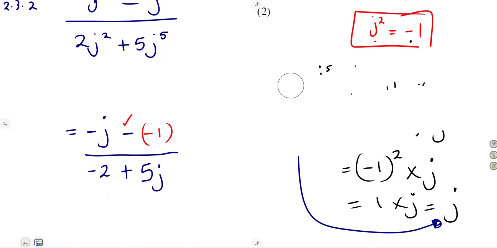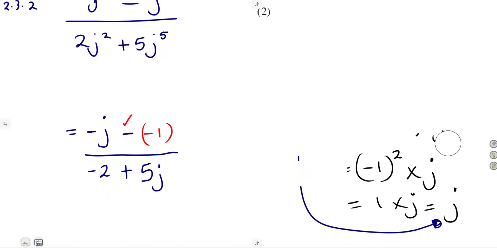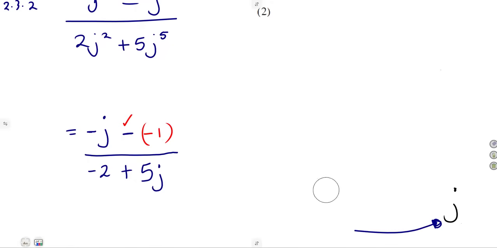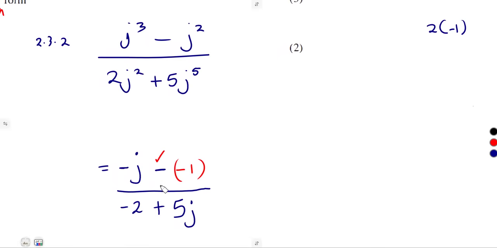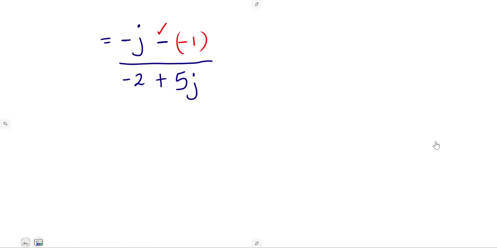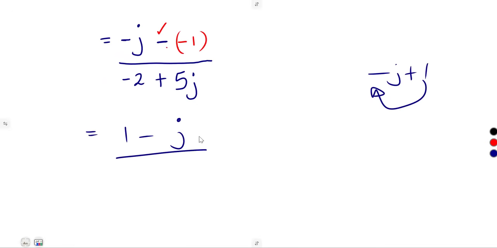So you had to simplify from this. After that, you figure out what it is that you're supposed to do, having this in simplest form. Let's combine minus and minus. That's a plus. So that was going to be 1 minus j plus 1, which is the same as 1 minus j, everything over minus 2 plus 5j.